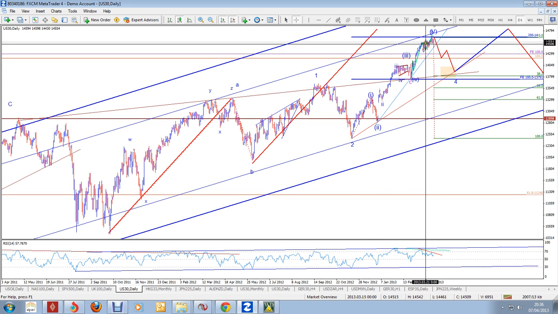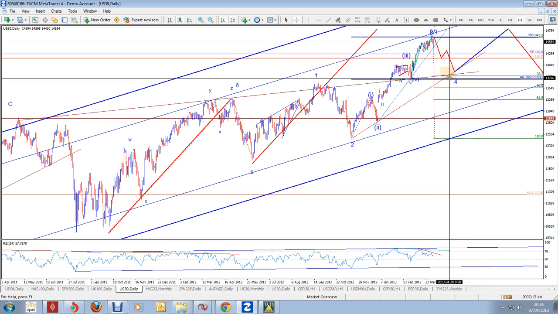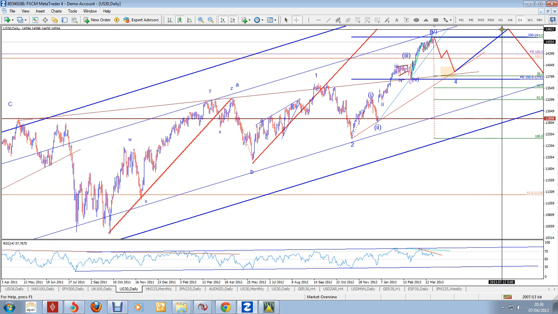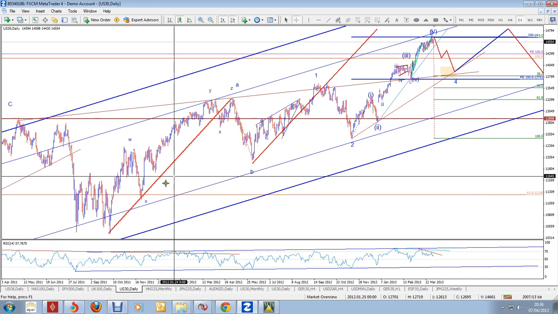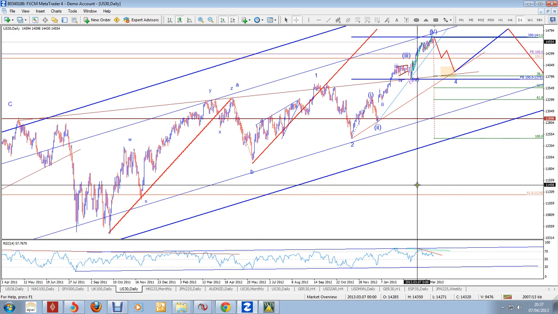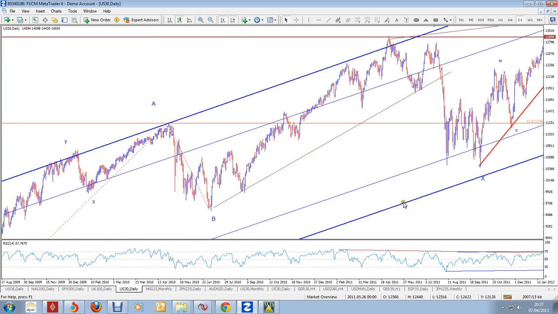So that completes wave 3. So I'm expecting an ABC retracement for wave 4, or possibly a triangle kind of fashion, congestion for wave 4, and then final leg 5, and that would simply give us this A, B and C, and that would become a larger wave A like we had over here, larger wave A.